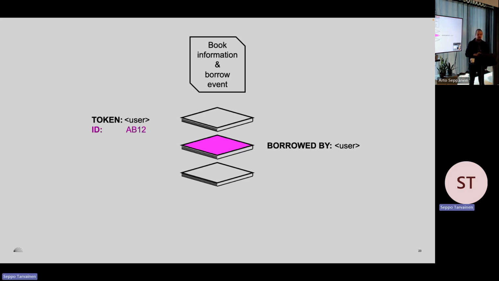And then server finds the book details, which are stored in our own repository, and sends the response object with book details and also this borrow event information. Things that we believe are interesting to the client side.